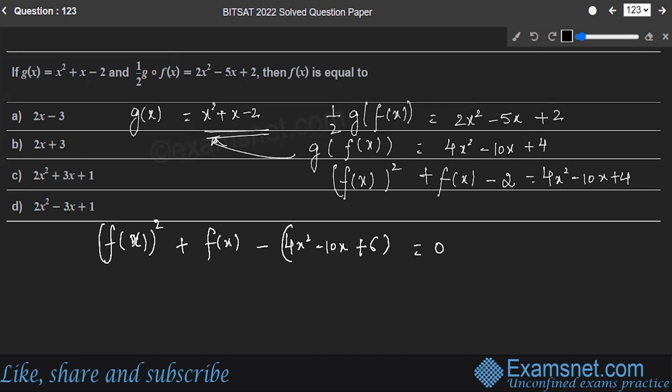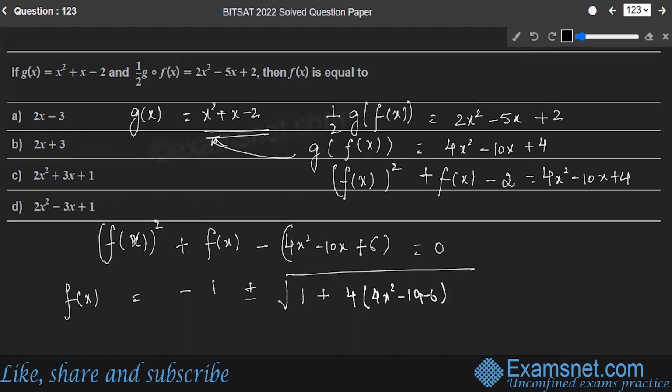Now this becomes a quadratic, right? So f(x) will be equal to, applying the quadratic formula, minus 1 plus minus root of 1 plus 4, this, all right, divided by 2.